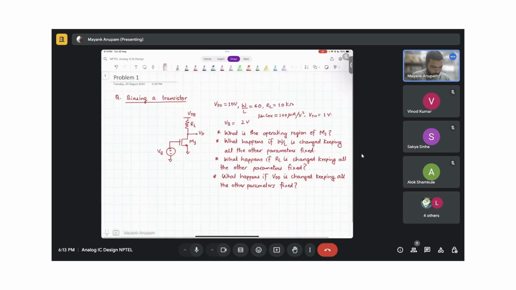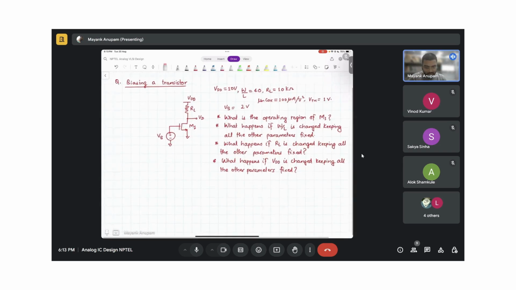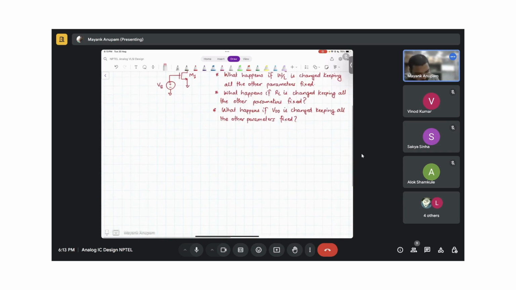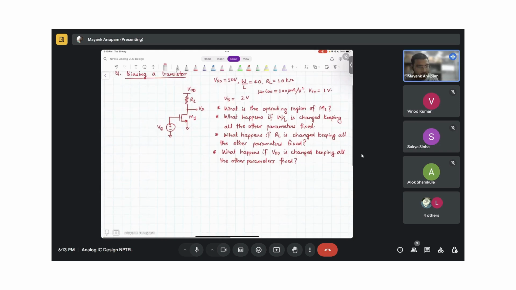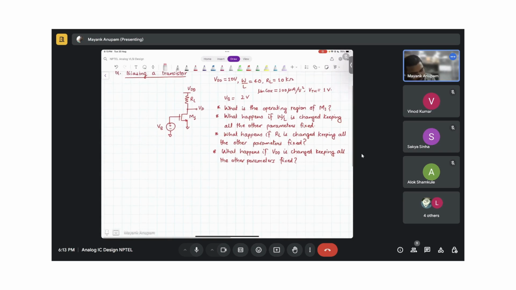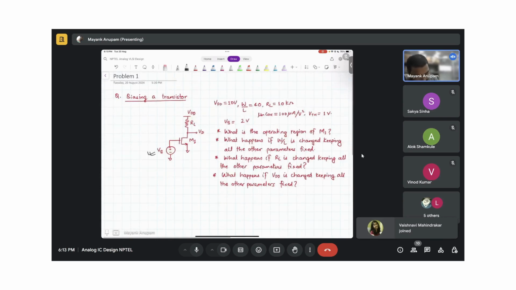So the first problem is a simple problem, but I want to solve it anyway. This is basically a question on biasing the transistors. We have this transistor here, biased with a bias voltage of VB at the gate.